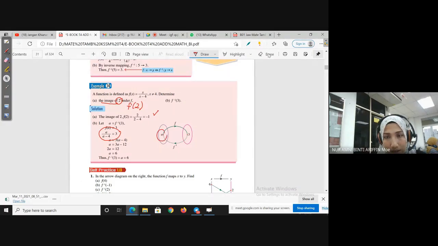For the function of the object A, it will get 3. Betul tak? Untuk objek A, kita akan dapat 3. Okay, sekarang ni the question asks you to find the value of A. So that's why from 3, f inverse function of 3 will get A. So that's why f(A) equal to 3.